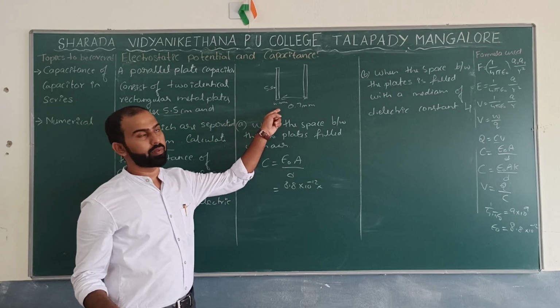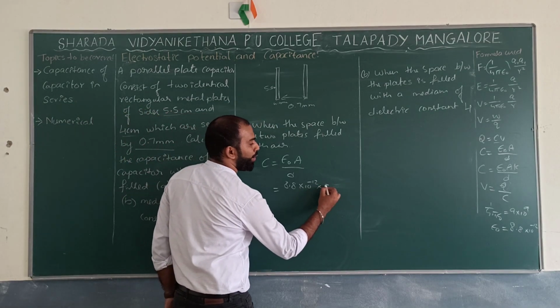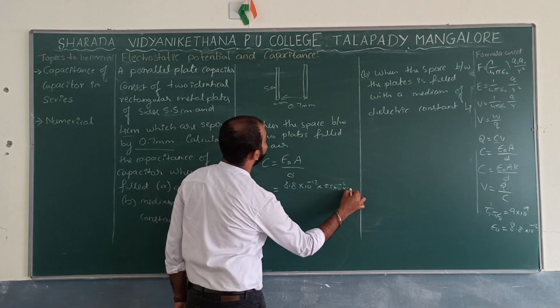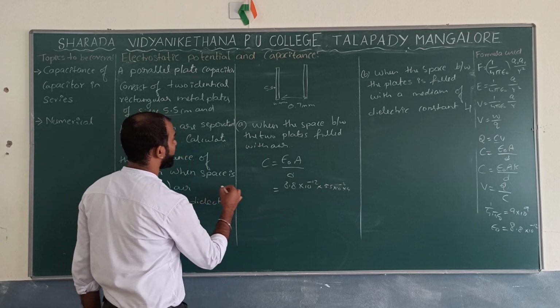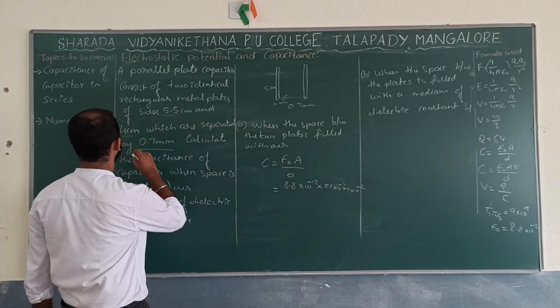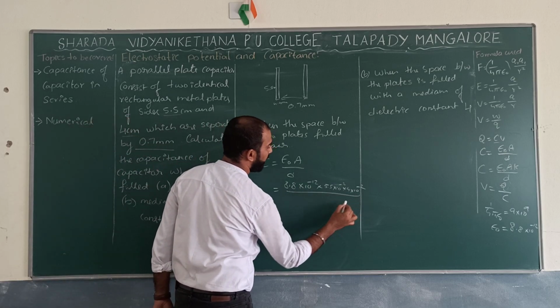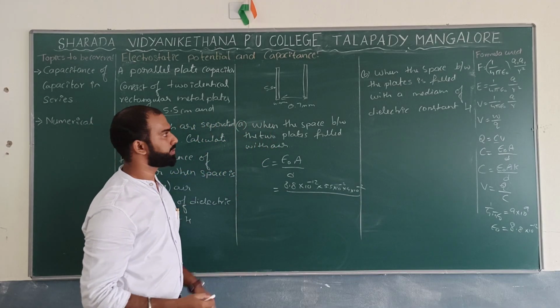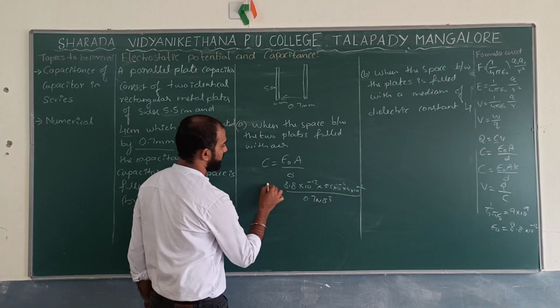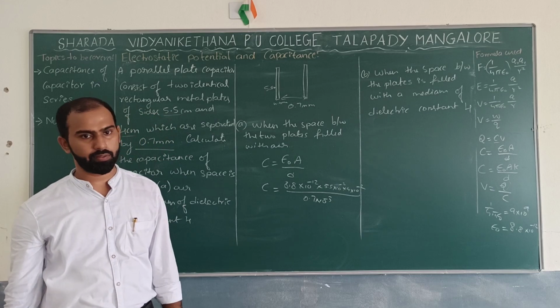That is 5.5 into 10 to the power minus 2 into 4 into 10 to the power minus 2, this is 4 centimeter, divided by the distance, which is 0.7 into 10 to the power minus 3. What is the capacitance value I can expect here?